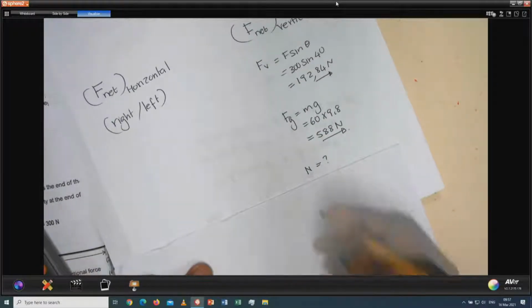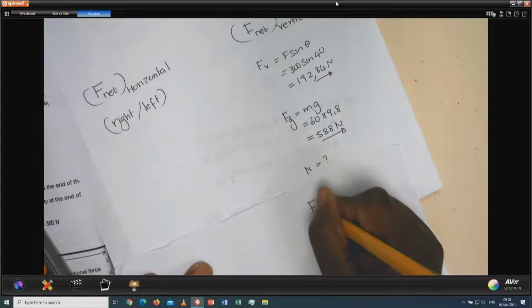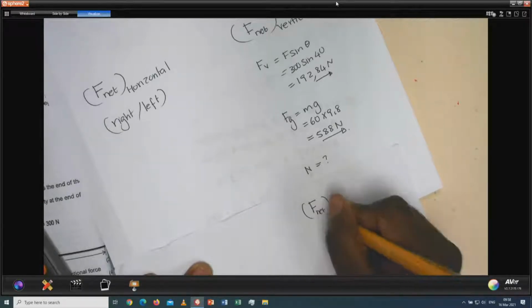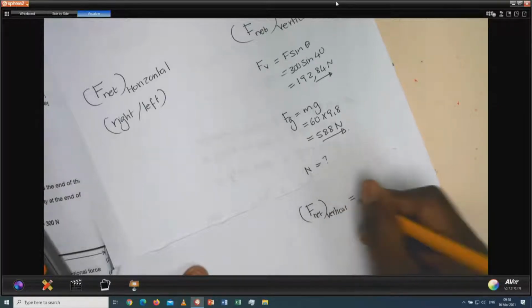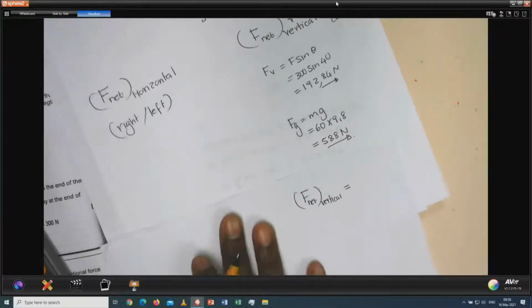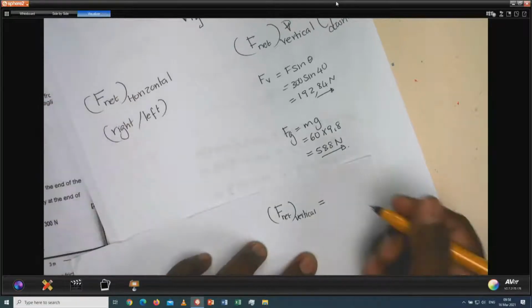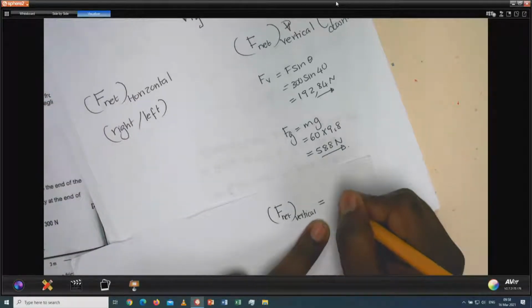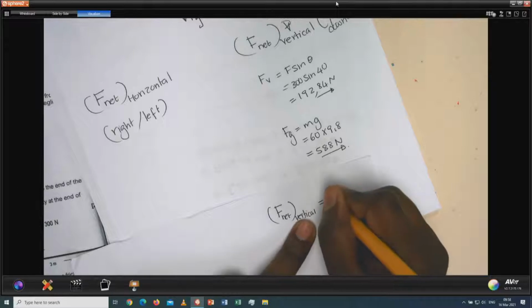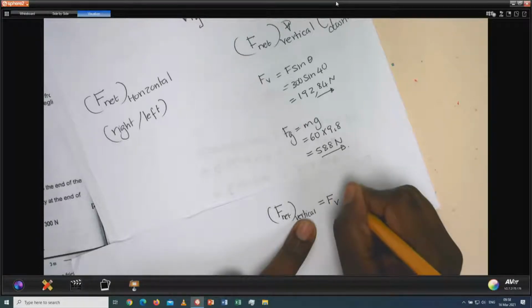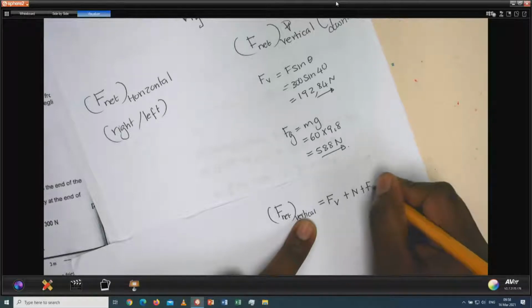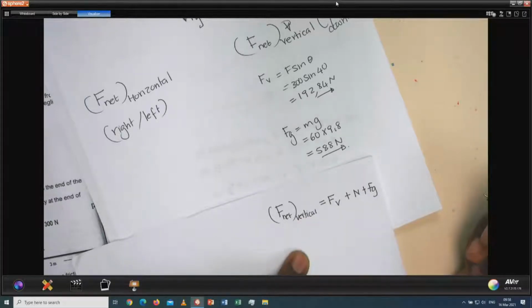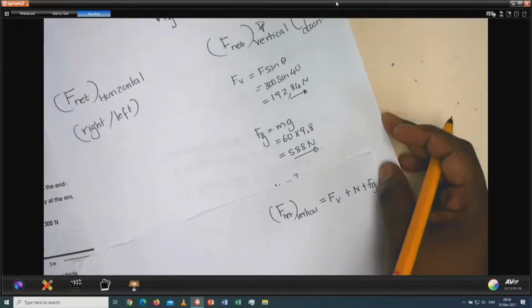So F net vertical will be equal to F vertical plus normal force plus the force of gravity.